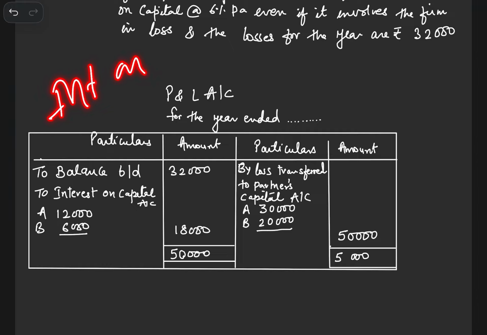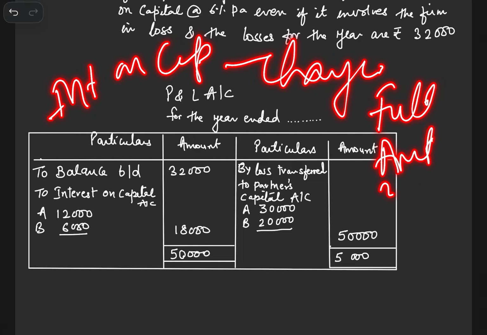Whenever the interest on capital is to be considered as a charge, the full amount of interest be given. Full amount of interest is 12,000 and 6,000.